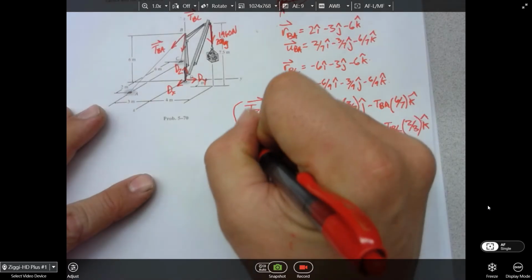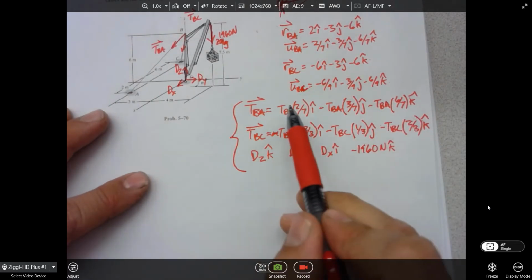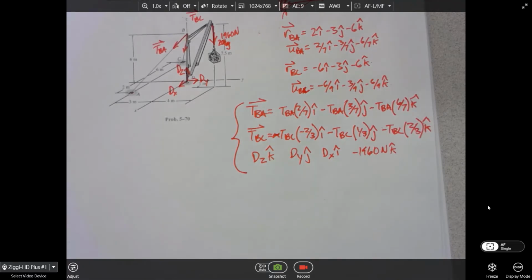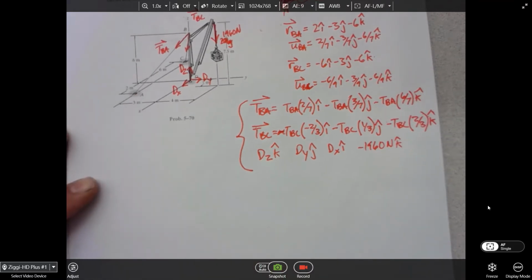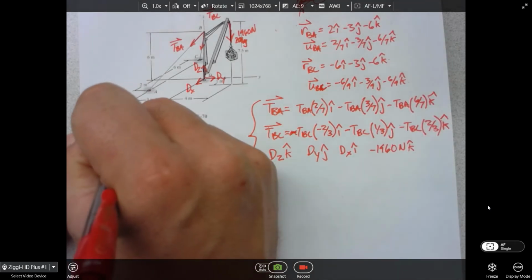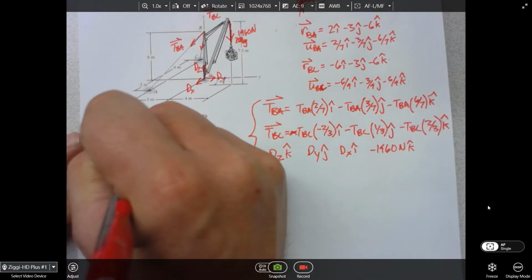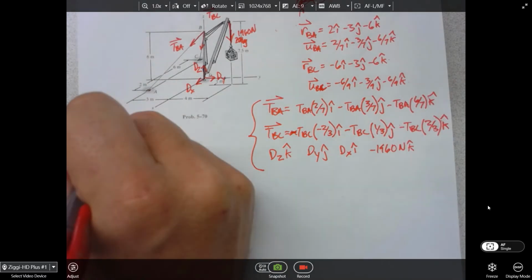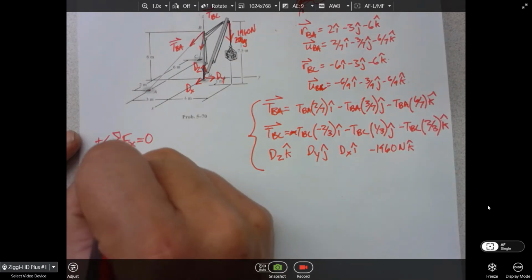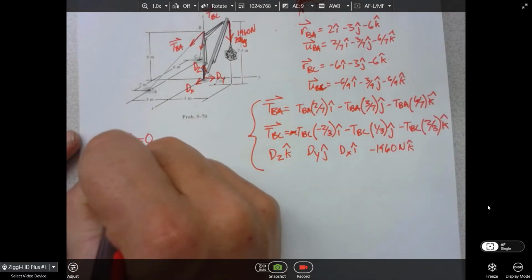So it's these 1, 2, 3, 4, 5 unknowns that we're trying to solve for. So the way we do that is we go to our equations of equilibrium, sum of the forces in the x direction. So let's start over here with sum of the forces in the x has to equal 0. Again, I'll say x is down and to the left. So what has a component in the x direction? Looks like dx does. So I'll say d sub x.